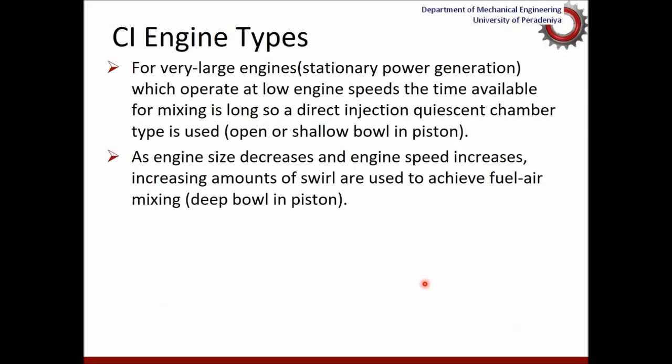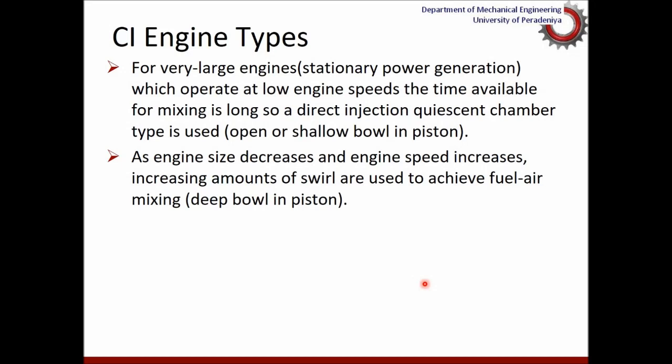And generally, for very large engines, if the engine size is very large and operates at low speeds, then you have more time for mixing. The time for mixing is more in the case of low speed and large size engines.